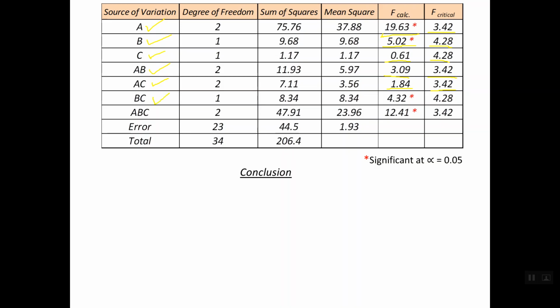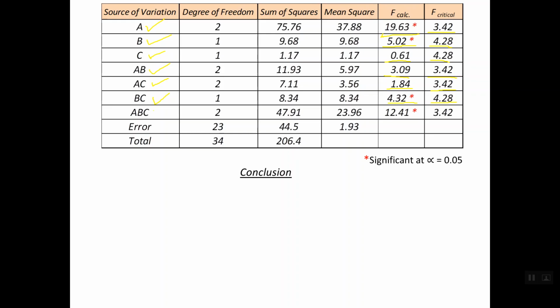While for the interaction between factor B and C, the value of the calculated F is a little bit greater than the value of the critical one. So for the interaction BC, we reject the null hypothesis and accept the alternative one, which means that for BC, there is an interaction.